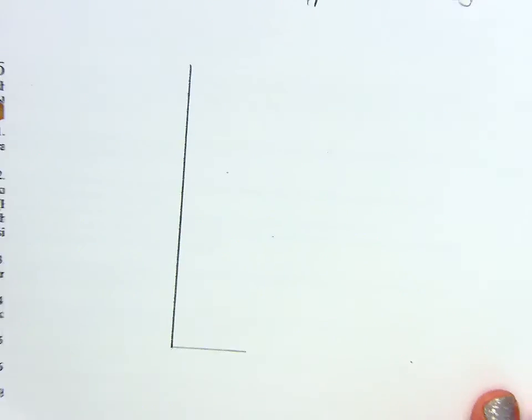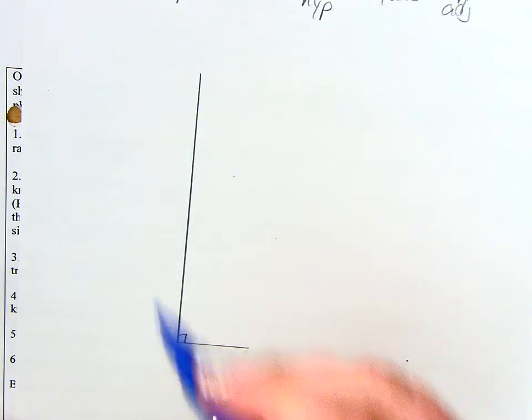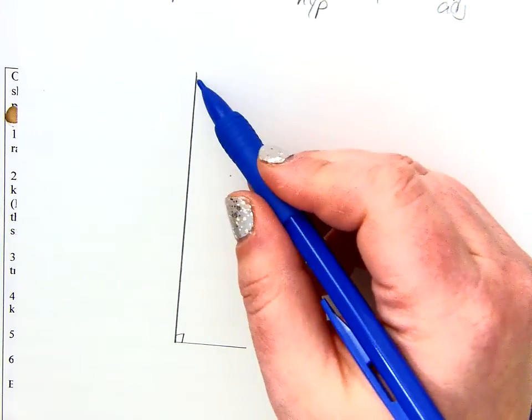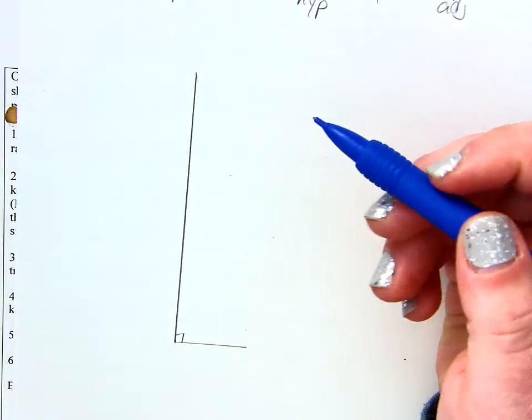Okay, I have a 90-degree angle there. And now I'm going to connect this into a triangle, but I want to make one of these two angles 5 degrees. So it looks like I'll probably do this one.